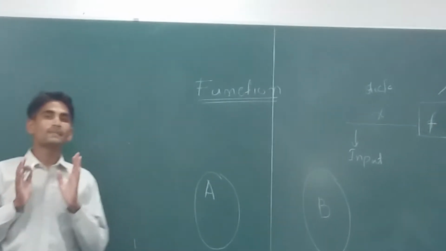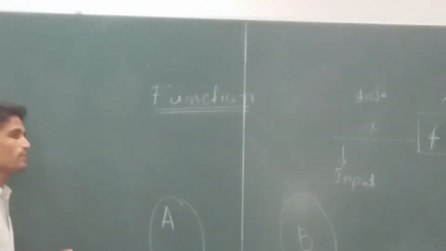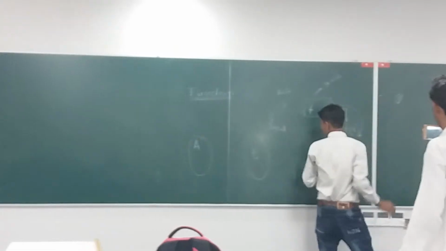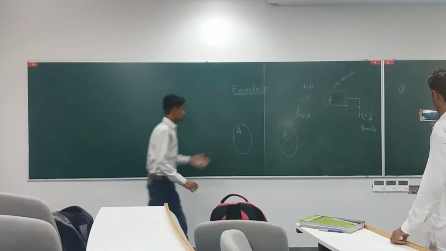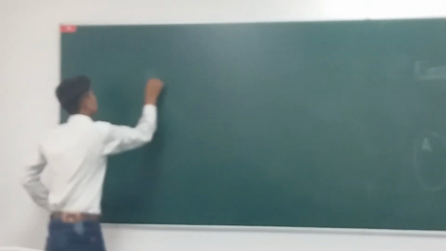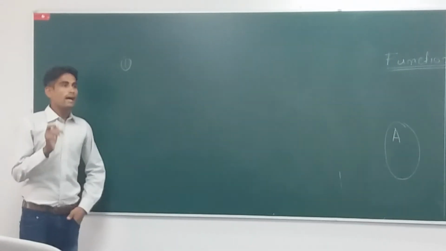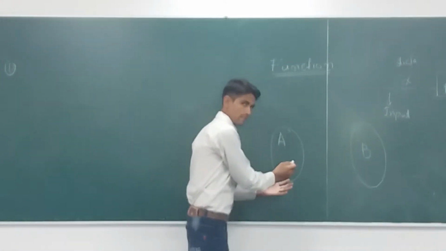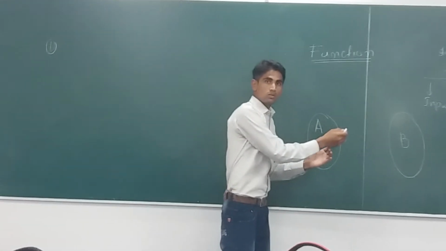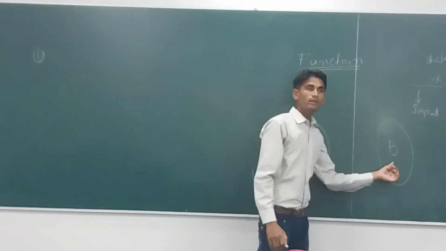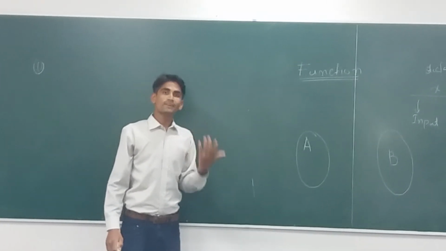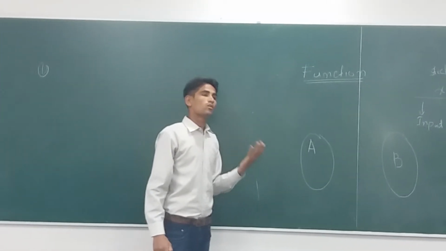But what is meant by the relation? There will be two conditions. Condition 1: these are two sets. Elements of set A will correspond to the elements of set B, and there will be one-one correspondence. That is also known as a rule.